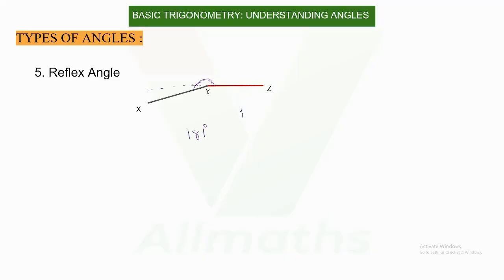It could be 230 degrees, that's a reflex angle. And let me mention that if this angle is to form a complete circle, it's what? 360 degrees. Okay, so that means a reflex angle is between 180 and 360 degrees.